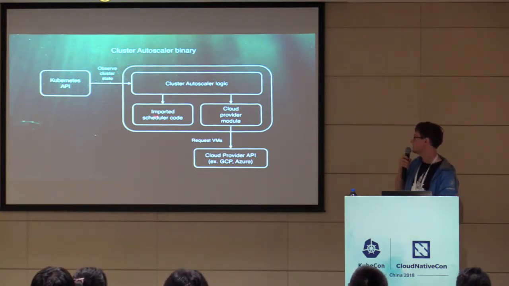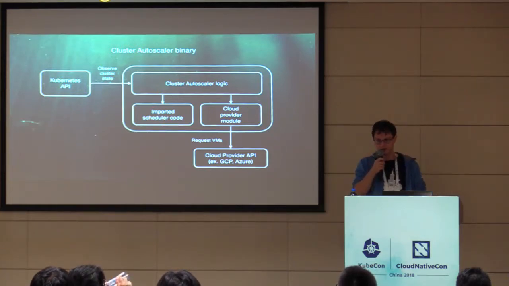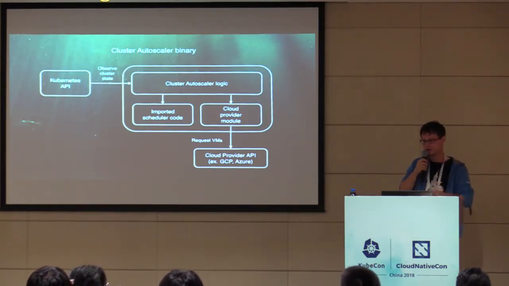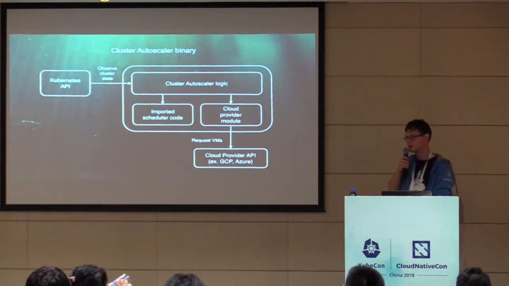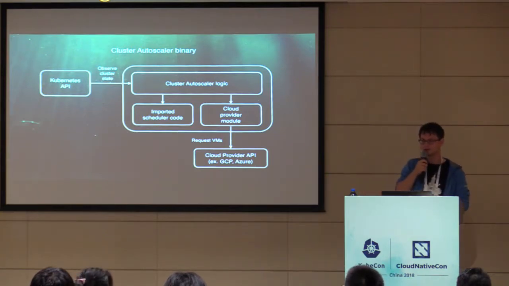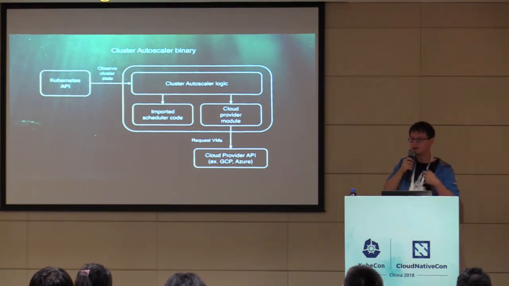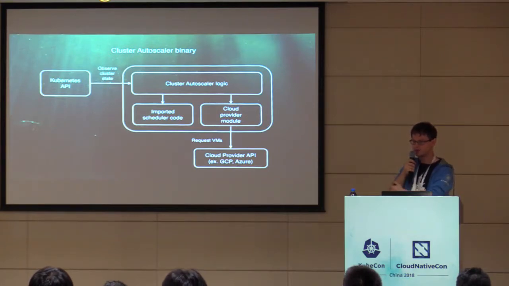The other part is the imported scheduler code. The way we simulate the scheduler is we literally just take and import the predicate code from the scheduler. The good thing about it is any new feature that is ever added to the scheduler is automatically supported by Cluster Autoscaler because we will just import it. The bad thing is it's important to run the version of Cluster Autoscaler that is the same as the version of the scheduler running in your cluster.